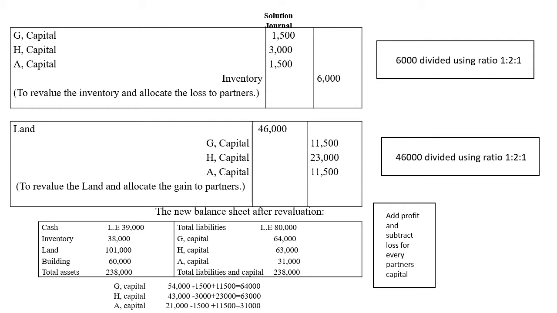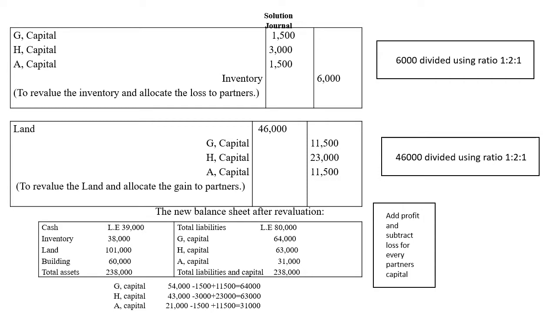So 46,000 multiplied by 1 over 4, we get 11,500 part for G. 46,000 multiplied by 2 over 4, we get 23,000 part for H. 46,000 times 1 over 4, we get 11,500 part for A. In this case land was debit because it's an increase in the value of the land.